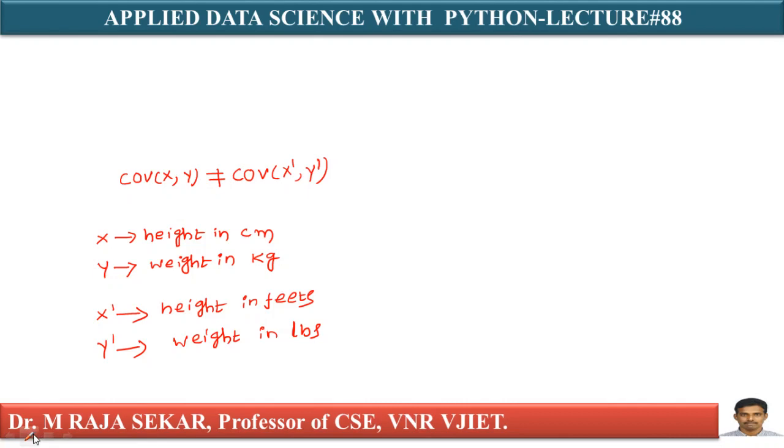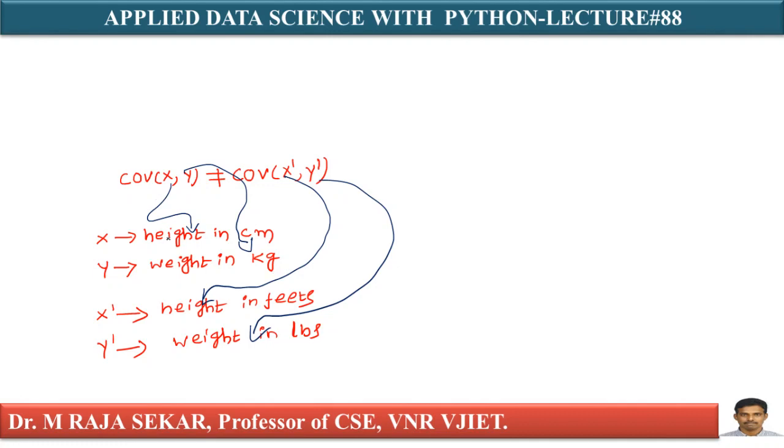If you observe this property, covariance of x comma y may not be equal to covariance of x dash comma y dash if x represents heights in centimeters, y represents weight in kgs, whereas x dash represents heights in feet, y dash represents weights in lbs.